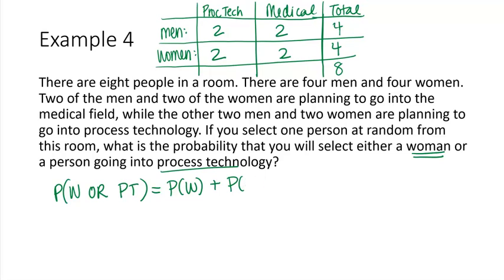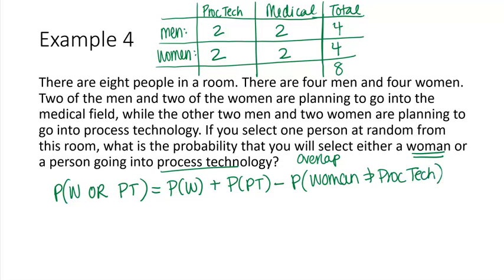Let me write that a little cleaner for us. And subtract any overlap. So what I'm looking for is the probability of being a woman and being in process tech, aka women in process technology.